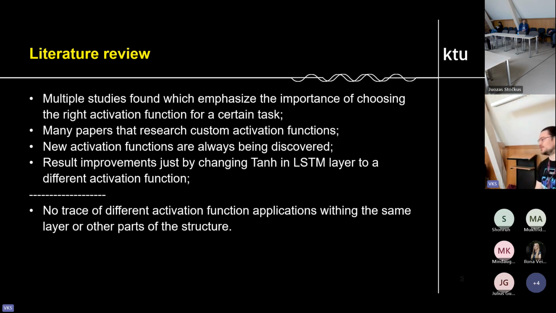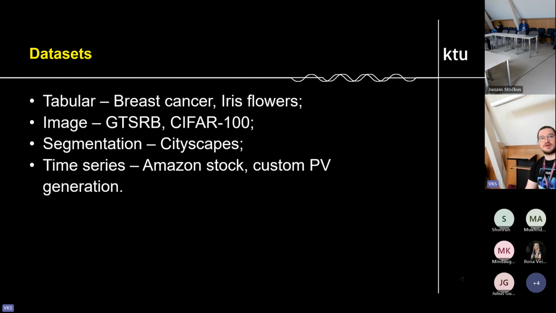So we were very excited to get to work, and we chose a bunch of fields that we wanted to test, starting from the simplest: tabular data with breast cancer and iris flowers data sets, then image, starting with a simple one, which is a German traffic signs data set, and CIFAR 100, which is a bunch of classification for images, then segmentation and time series.